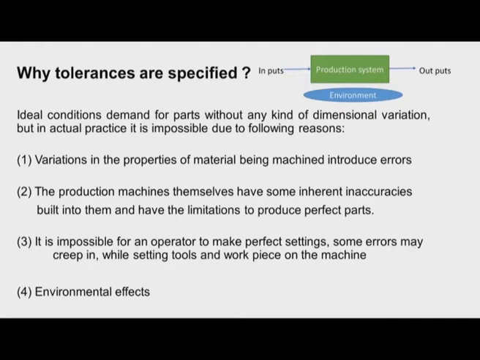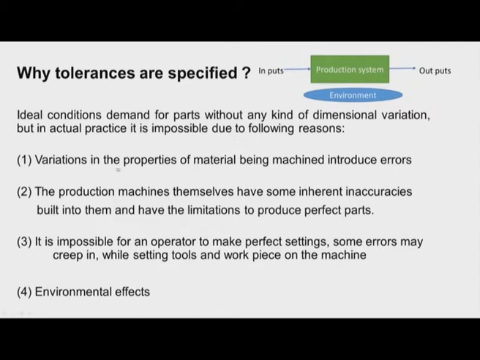So, these are some of the inputs, and then finally all the inputs are used in a proper way, and then we get the output. And on the production system, always the environment will definitely affect. Now ideal conditions demand parts without any kind of dimensional variation, but in actual practice we know that it is impossible due to the following reasons.